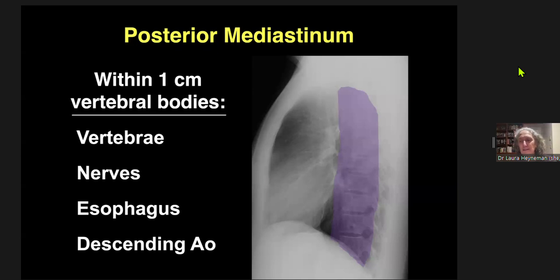Posterior mediastinum, the classification that I use, is the area within a centimeter of the vertebral body. So it extends anterior to the vertebral bodies, and the anterior border are those vascular structures that I talked about before. And it includes the spine and all the nerves that come out of the spine, out of the spinal canal, the esophagus, and the descending thoracic aorta.